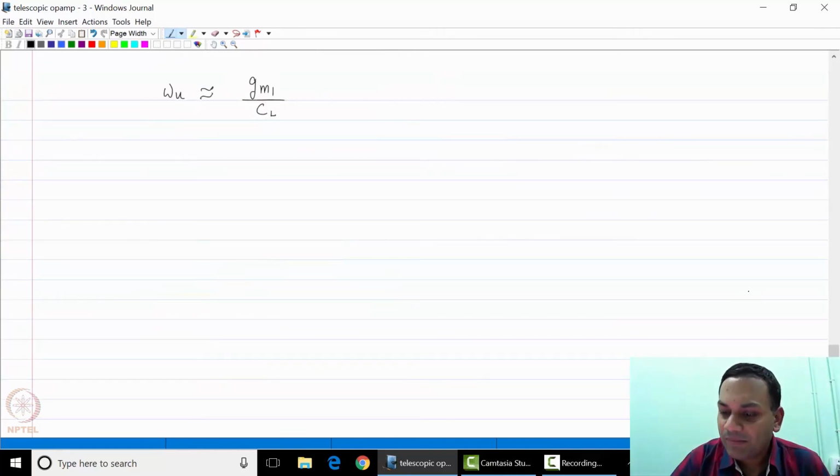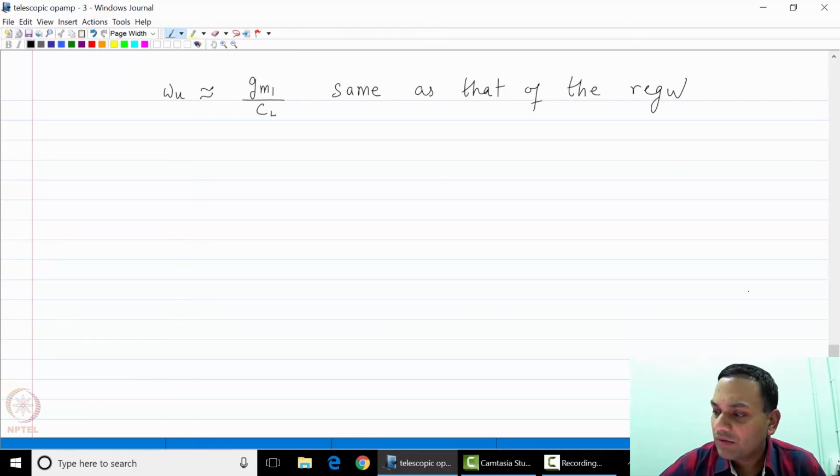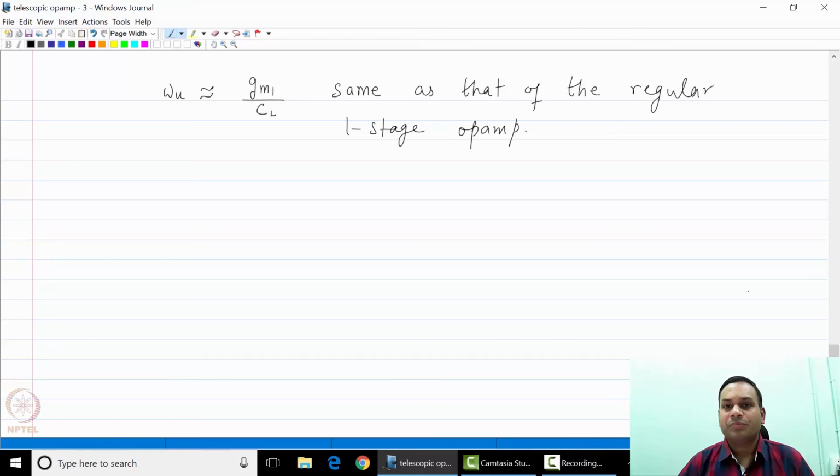As you can see, this unity gain frequency is the same as that of the regular one stage op-amp. In that sense, a telescopic op-amp from a frequency response point of view is not that different.